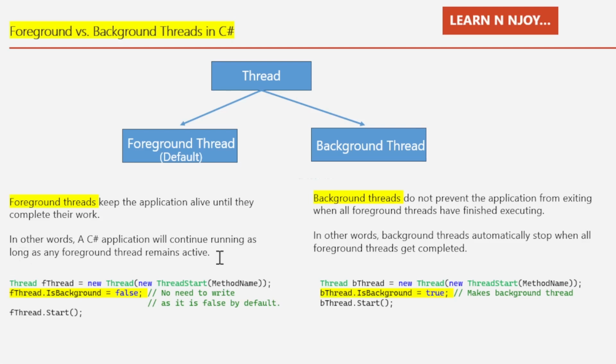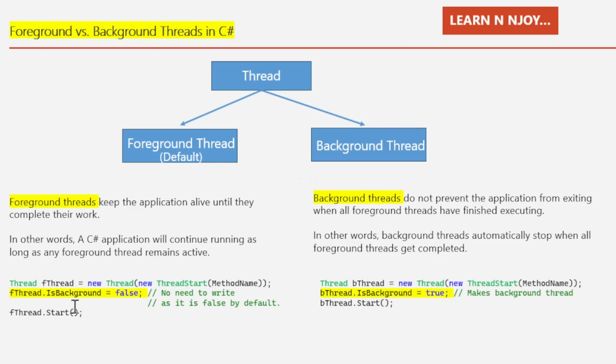What does it mean? If you see the code snippet, I have created a foreground thread using the Thread class, and that's what I wrote. Thread fthread = new Thread(Start), and here I'm passing the thread function name, which is nothing but the method name. By default, foreground threads have IsBackground set to false, so we don't need to specify it explicitly.